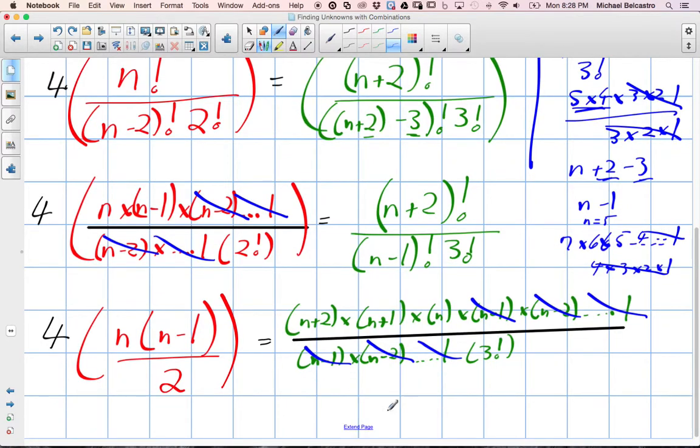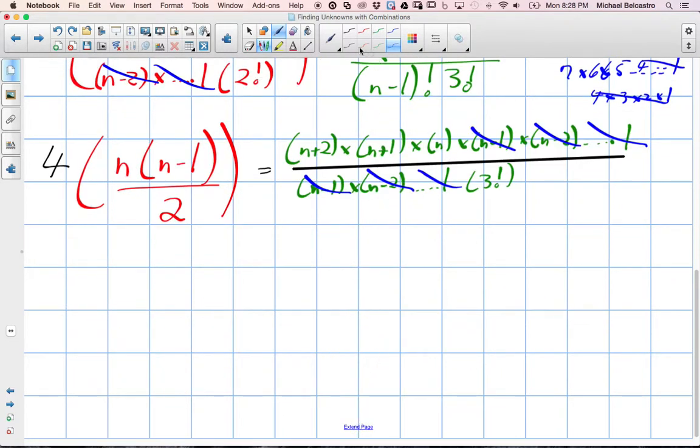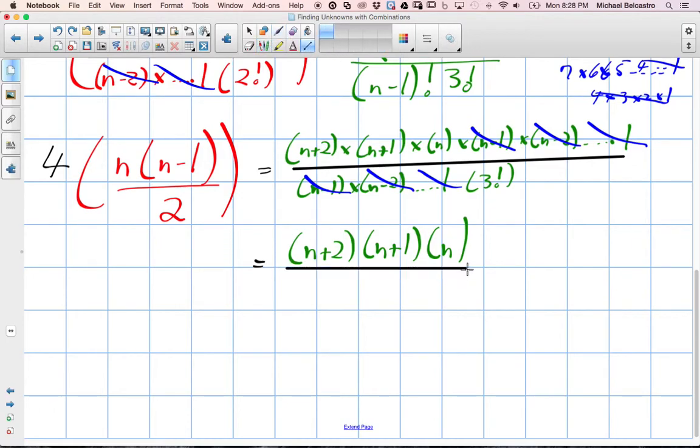I know it's going to be a little ugly on the right here. You're left with, and I'm just going to write them in brackets, n plus 2 times n plus 1 times n, all over 3 factorial. And 3 factorial is 3 times 2 times 1, which is the number 6.